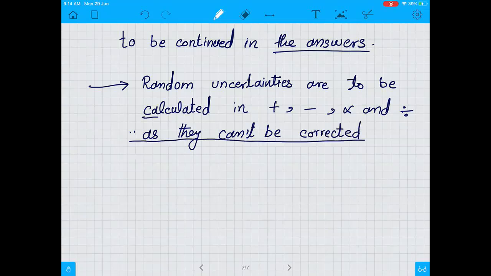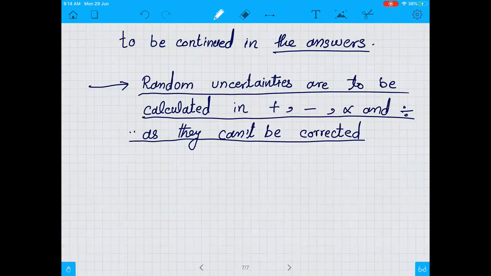So at the stage of reading, the systematic errors are already compensated or corrected. For example, if you have a negative systematic error, then you add it for the correction. And if you have a positive systematic error, you subtract it for the correction. While random uncertainties, they have plus minus sign, they cannot be corrected, hence they are calculated in the answers.